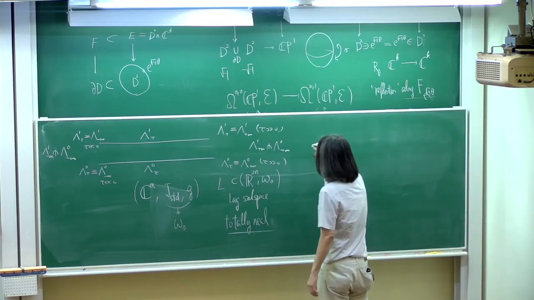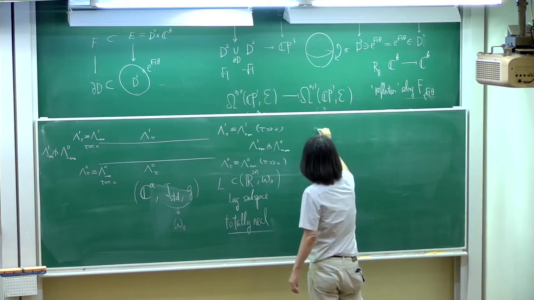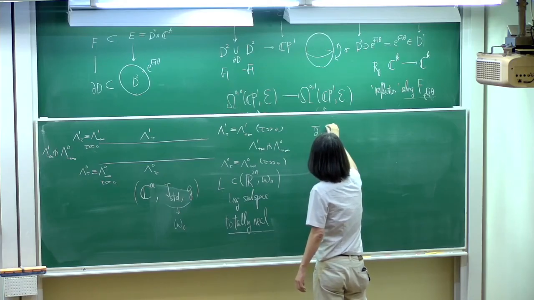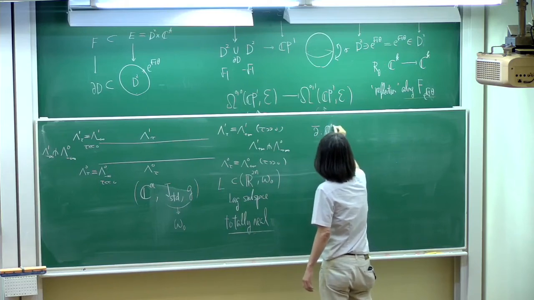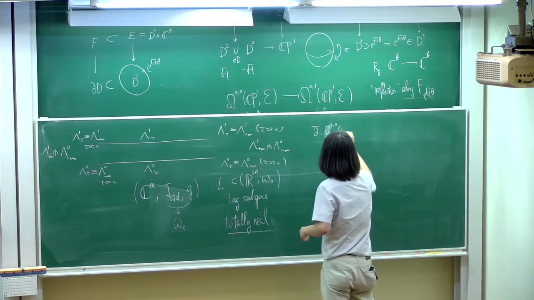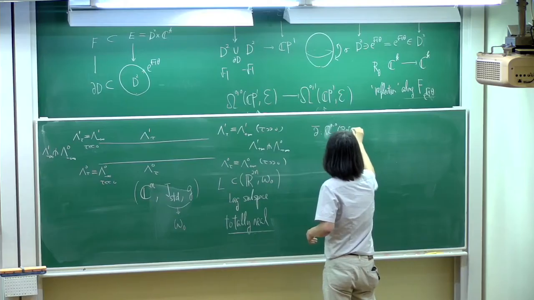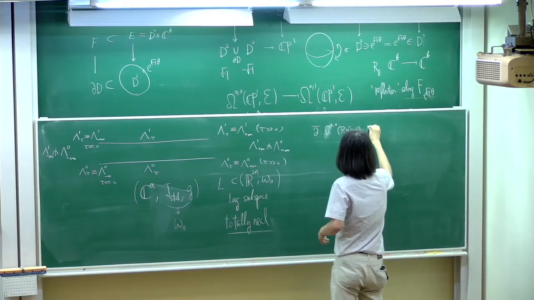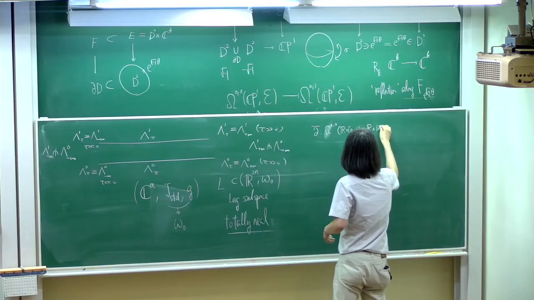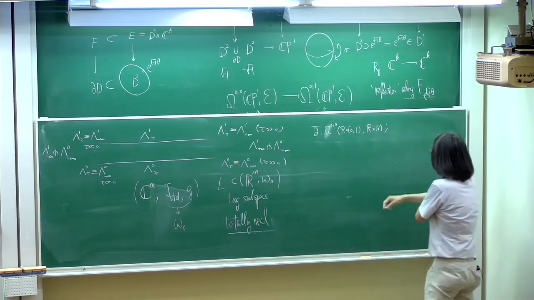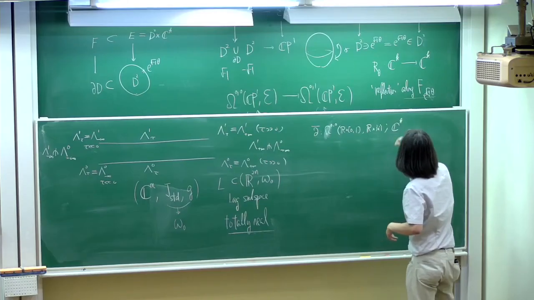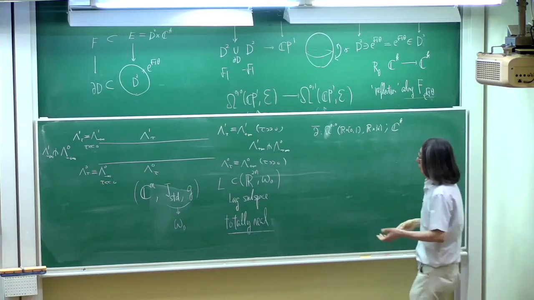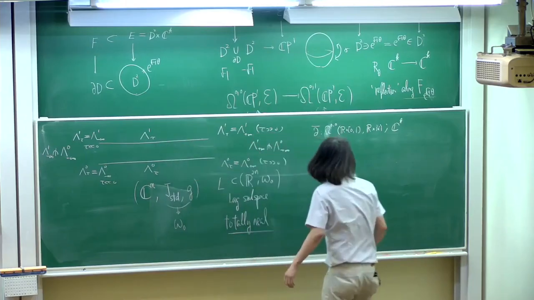Namely, I have a d bar operator on omega 0,0 of this cylinder R cross I, with values in C^k, mapped to these things, lambda i of tau.